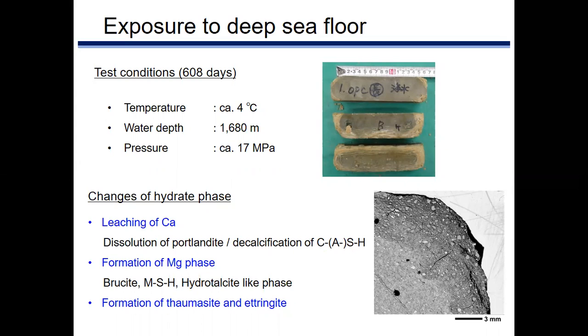Usually, cement materials do not suffer only for 608 days under shallow sea conditions. So these changes were accelerated significantly by the exposure to deep sea conditions compared to the typical deterioration which has been reported in shallow seas. Then, what are the possible factors under deep sea conditions?